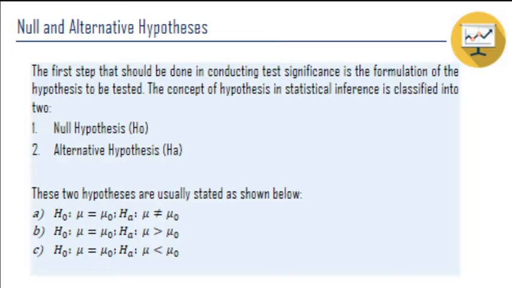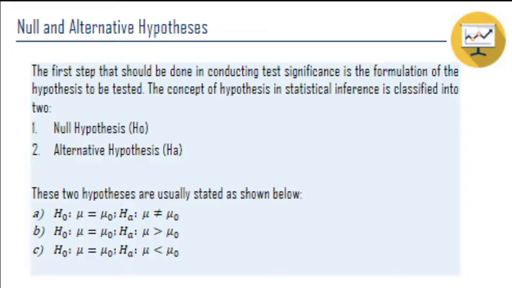The alternative hypothesis, denoted by HA or H sub A, refers to the assertion contradicting the null hypothesis. Thus, if the null hypothesis is proven to be true, then the alternative hypothesis should be false. These hypotheses are usually stated as shown in the following.